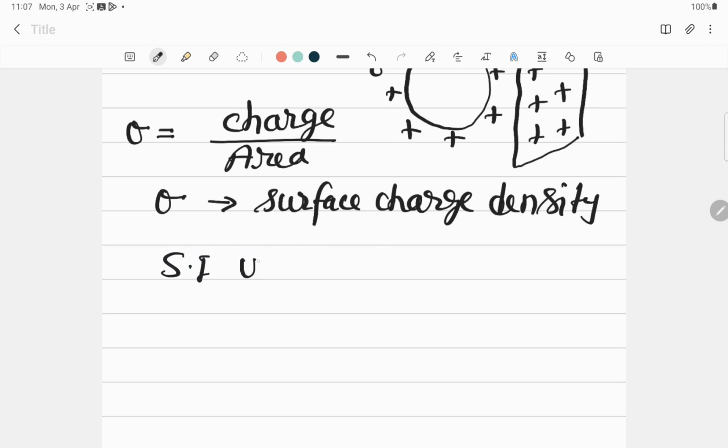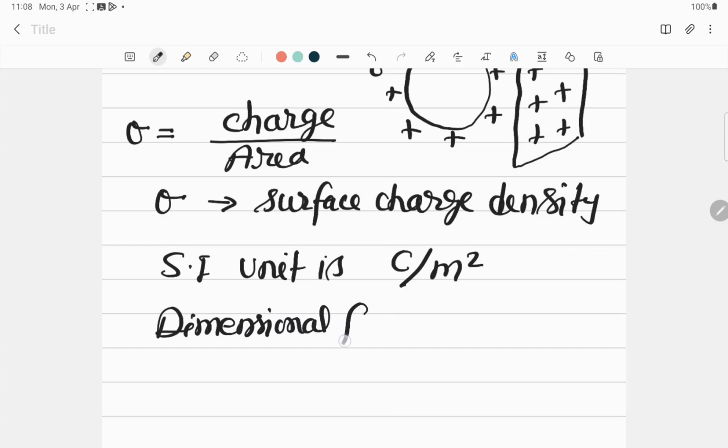Its SI unit is coulomb per meter square. The dimensional formula is L to the power minus 2 A T.